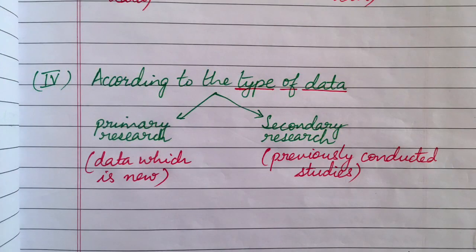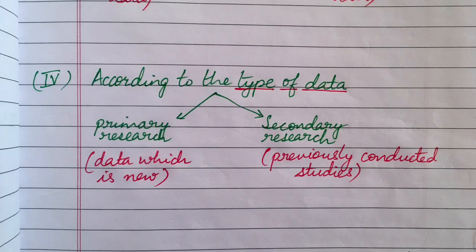According to the type of data, research method types can be divided into two groups: primary research and secondary research. Primary research involves collection of primary data, the data which is absolutely new, using primary data collection methods such as surveys, interviews, observations, etc. And secondary research is based on secondary data, data which has been collected previously, studies which have been done already.